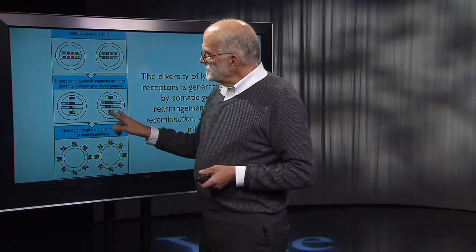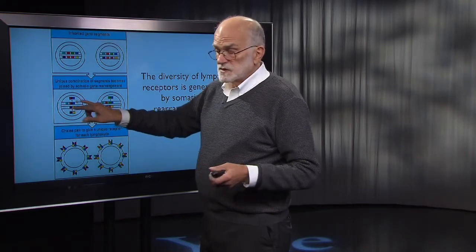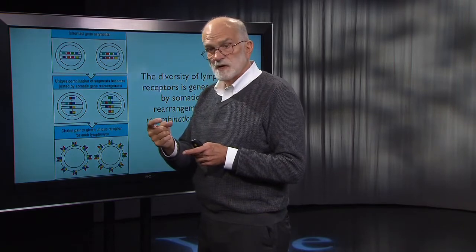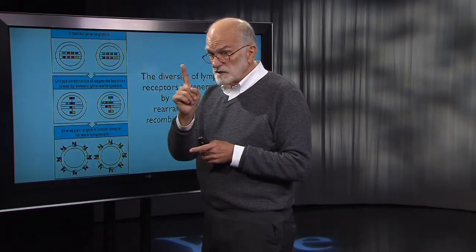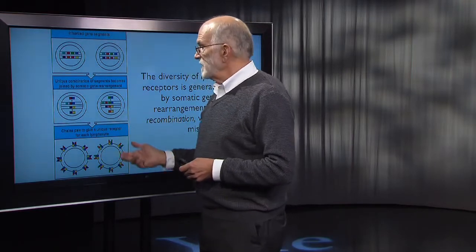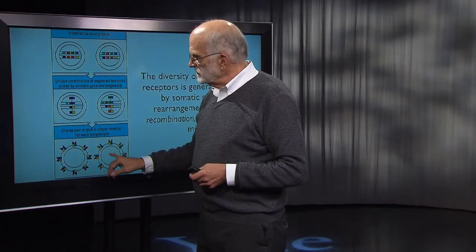And those joined segments are then transcribed. So actually the DNA first gets rearranged so that only particular combinations are present in that cell lineage, different ones in another cell lineage. And then the expression of that generates a unique receptor on each lymphocyte.